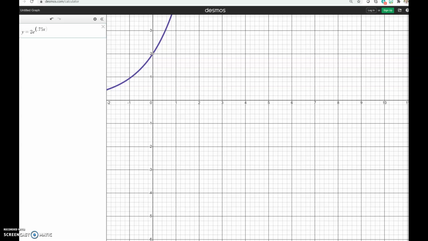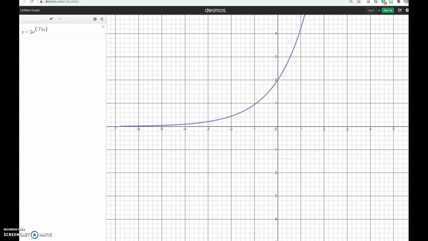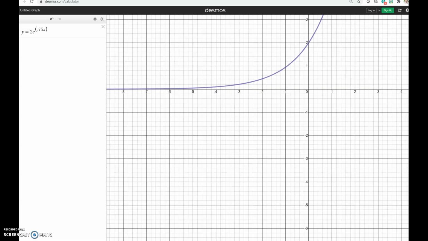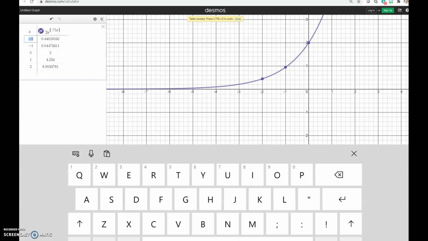That's something funky with Desmos. So here's my graph, y equals 2e to the 0.75x. And you see the asymptote at 0 just like we thought. You can then change it to a table to get some points if you wanted to graph this. Warning, the E functions are going to have crazy decimals. So if you're really trying to graph an E function, it's going to be crazy, messy decimals.